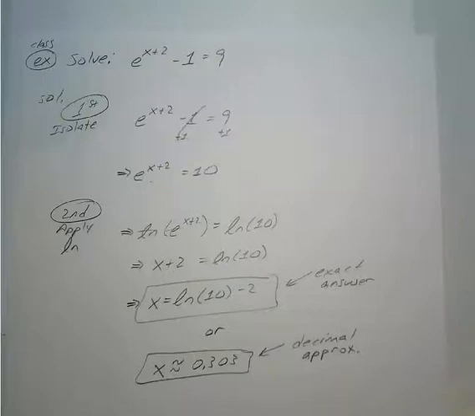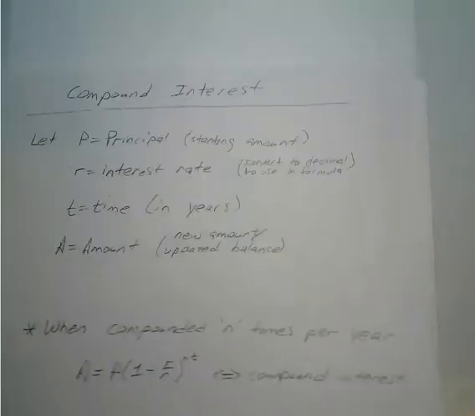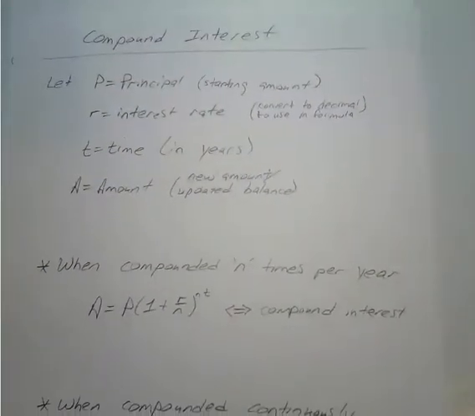Okay, so now let's go into a couple of story problems. Before we go into our story problems, for those who may have forgotten, we're going to take just a quick look at compound interest.